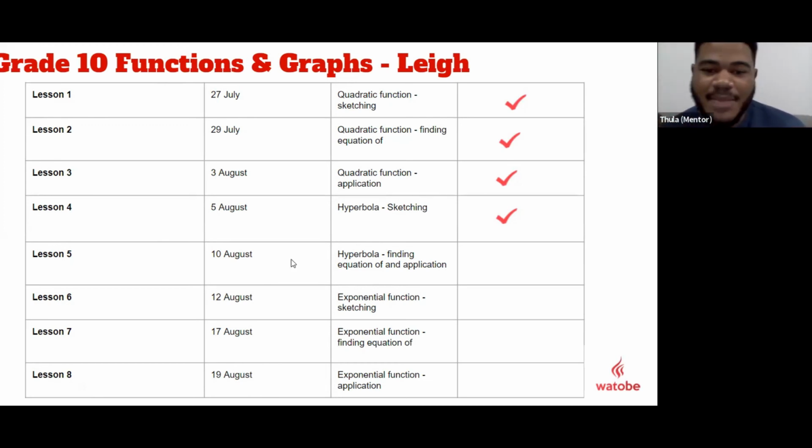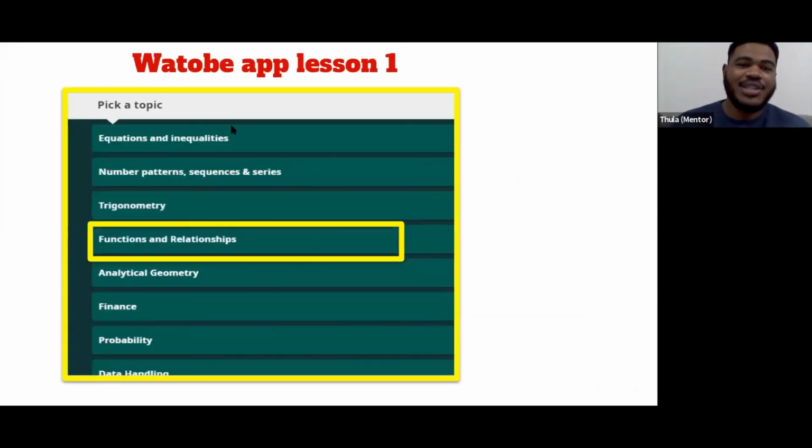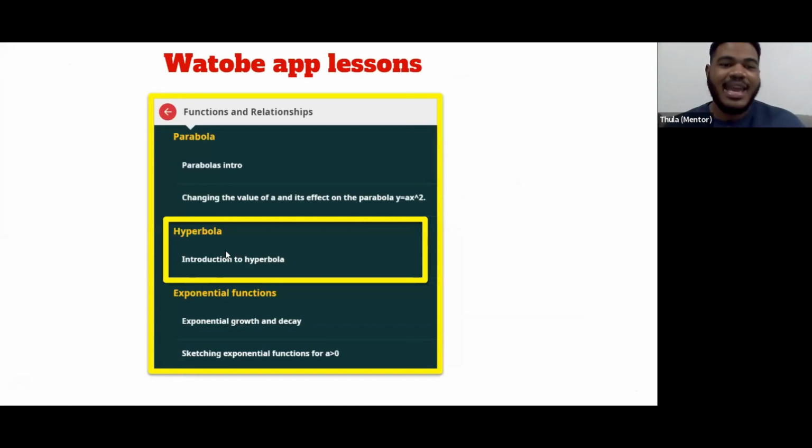And just on the app, if you go to the app and go to pick a topic on functions and relationships, just click there, and then under that, there'll be Hyperbola, and then just click there, and then you'll be able to find everything related to hyperbolas. Remember, it's really just about practicing. We have our leaderboard happening next week, but it's not about trying to win the leaderboard. It's just about you practicing and making sure that you solidify your own knowledge and learning.